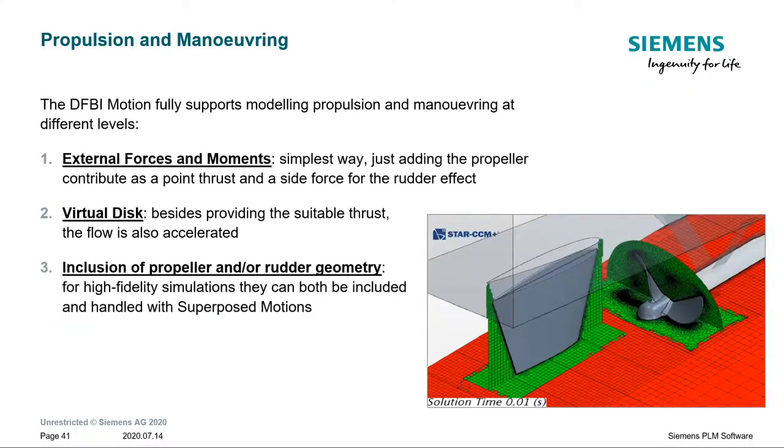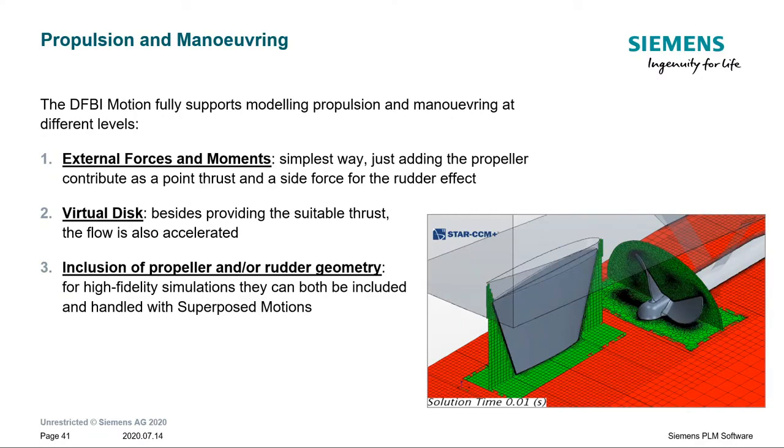Concerning propulsion and maneuvering, again, there are several possibilities at a different level of complexity. First of all, the simplest possible approach is to just apply some external forces and moments to our vessel. And this is the easiest way to add the propeller contribution in terms of thrust and the rudder side force. Then we can move to the virtual disk, which besides providing the thrust of the propeller, also accelerates the flow.